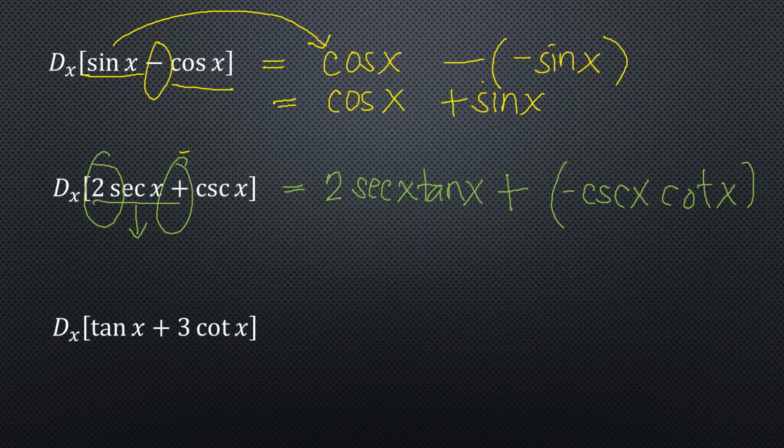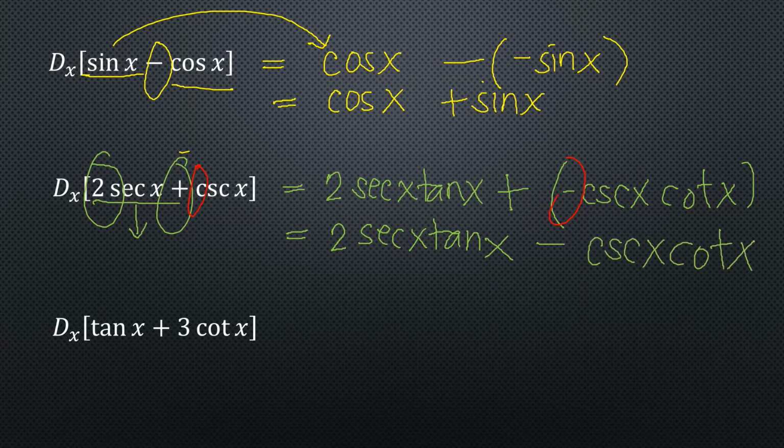Take note, because this one is letter C and I've told you that we have negative. They always correspond. Okay? So do we have the same or like terms here? We don't see any like terms here. Therefore, we just need to bring down 2 secant x tangent x, and the final sign is minus cosecant x times cotangent x. So that is our answer.